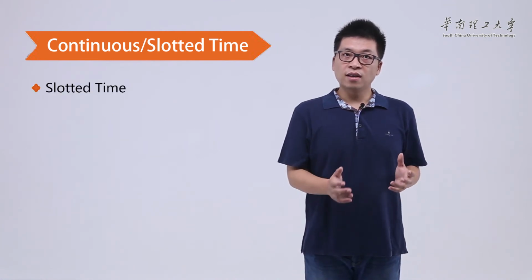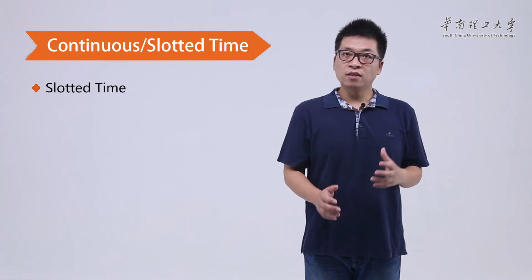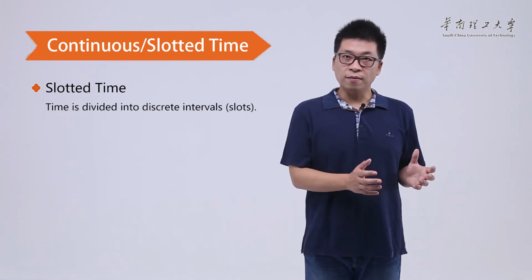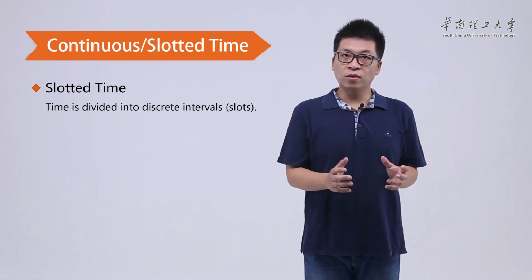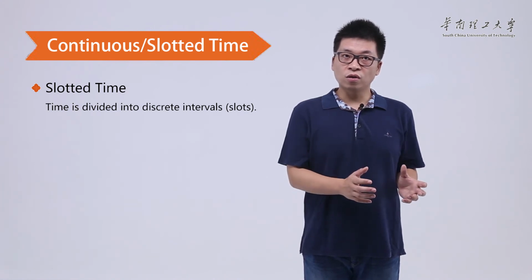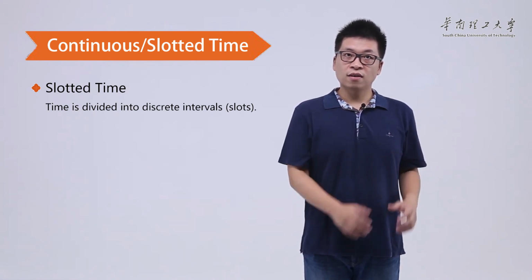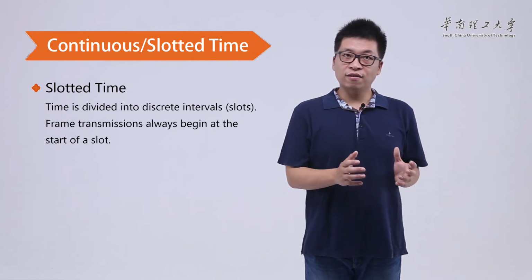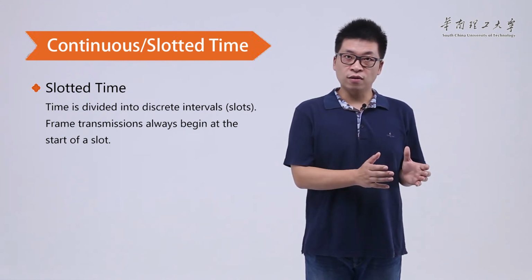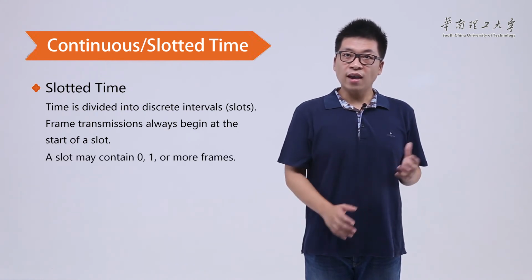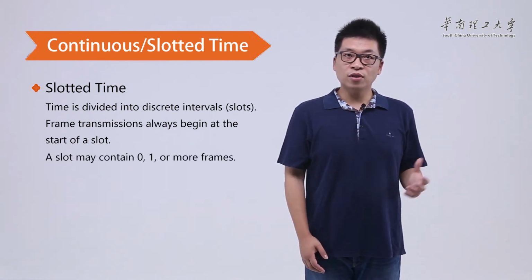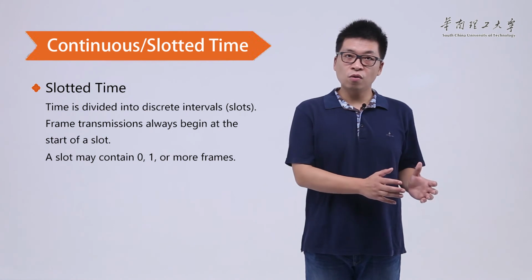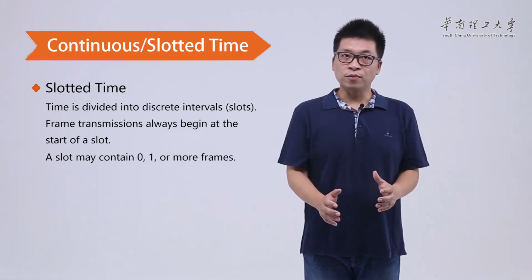Slotted time is the opposite way to treat time. Time is divided into discrete intervals, also called slots. Frame transmissions can only occur at the very start of a slot. This scheme indicates that a time slot may contain 0, 1, or more frames.